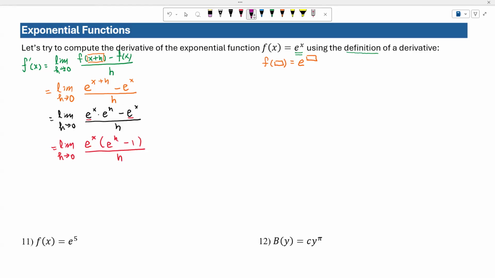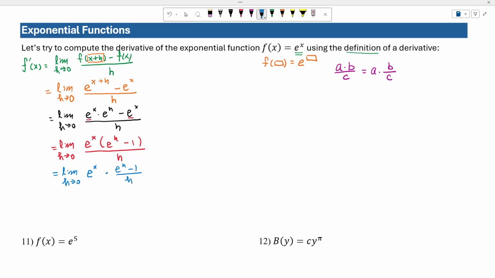Now, remember, one thing about this is if I have a times b over c, I could rewrite this into a times b over c, right? So this is exactly what I'm going to do here. I would like to rewrite this into e to the x times e to the h minus 1 over h.